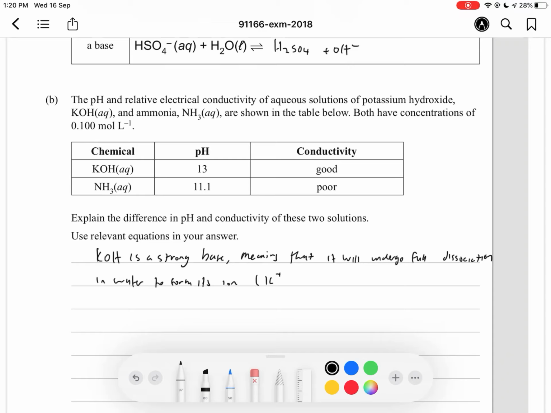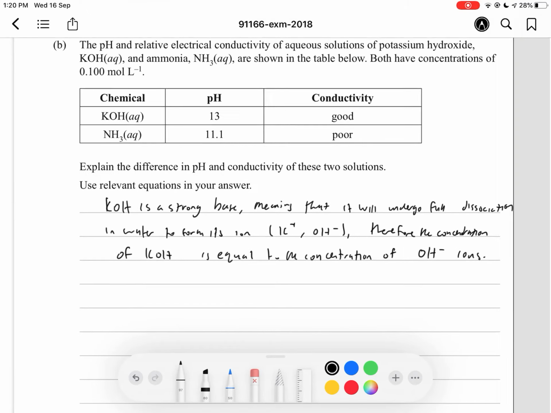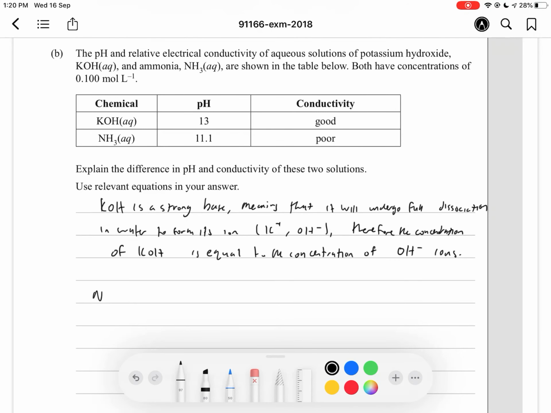Full dissociation, so that's K plus and OH minus. So we can say that therefore the concentration of KOH is equal to the concentration of OH minus ions, because it fully dissociates to its ions.